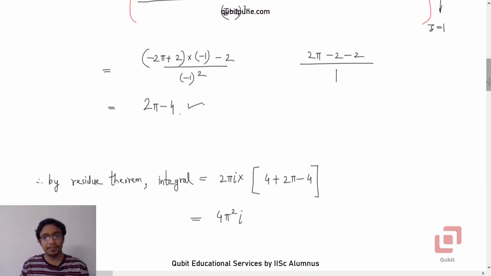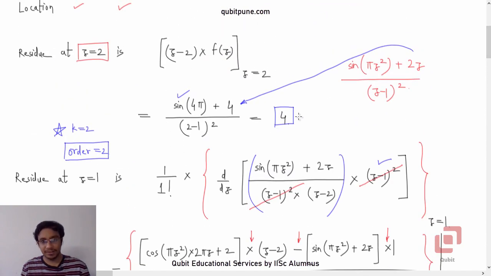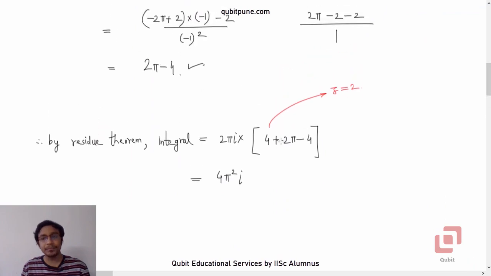Let us now add them and multiply the addition by 2 pi i. Okay, the residue at z equal to 2 was 4. Yes, and the one that we have computed here, well, not 4 pi minus 4, sorry, 2 pi minus 4, this is at z equal to 1.